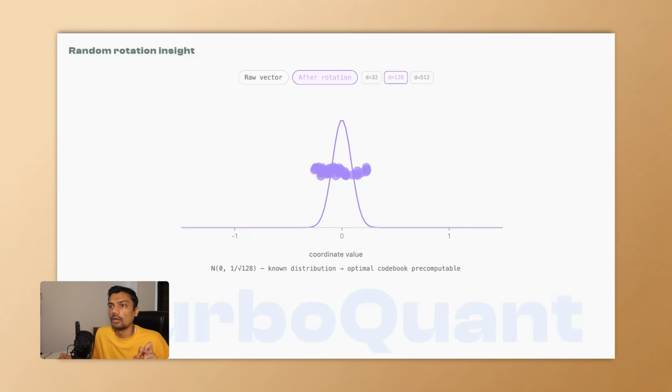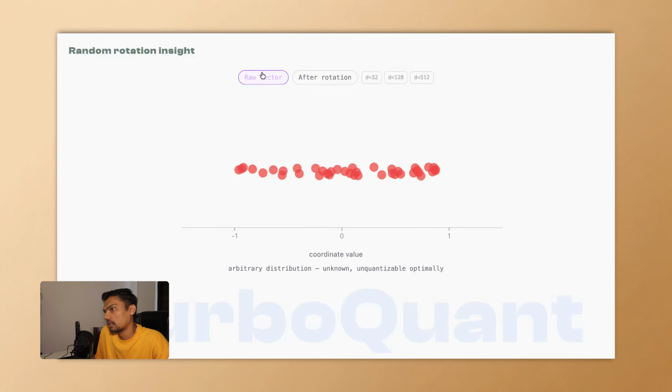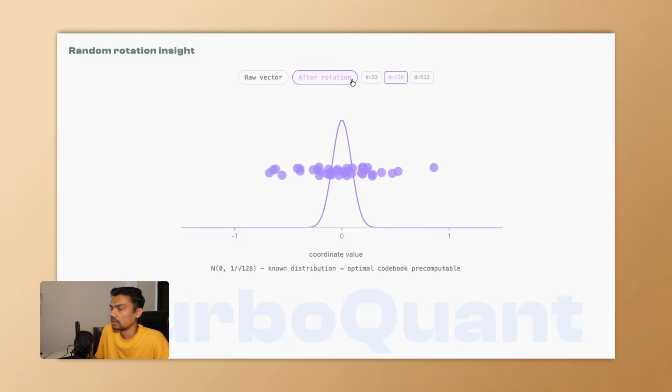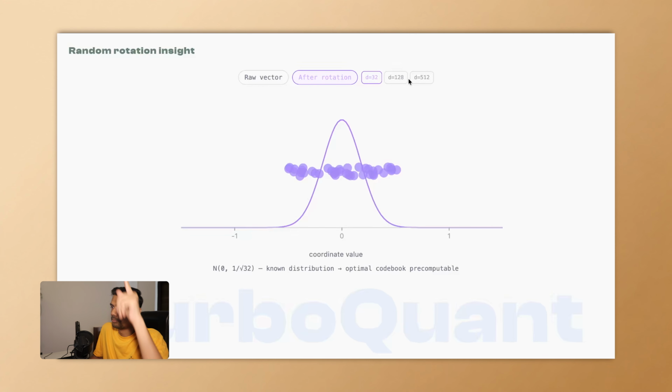This is the power of random rotation. It transforms a worst case input, as you can see in this diagram in front, enabling optimal scalar quantization after the rotation. With different values of d, you see different peak values here.